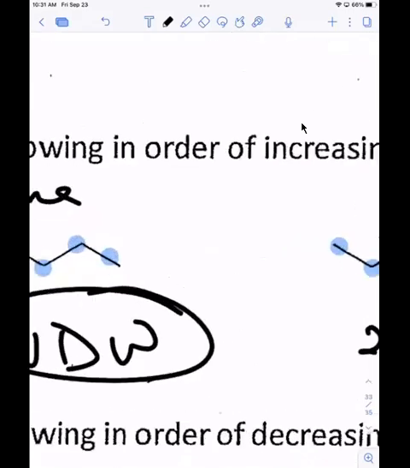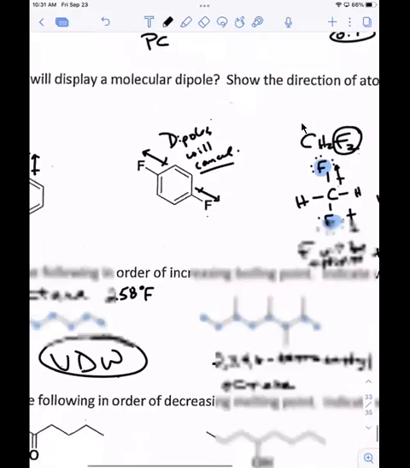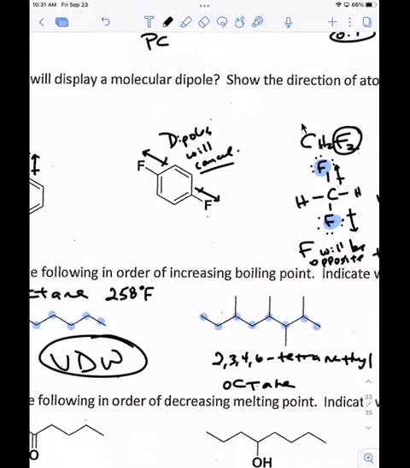You said 258. Is that Fahrenheit or Celsius? Fahrenheit. Okay, all right. So all the other ones need to be in Fahrenheit also. So 258 Fahrenheit. Trying to calculate that. 596 plus 32.